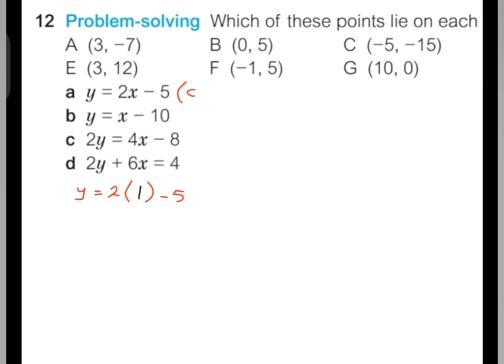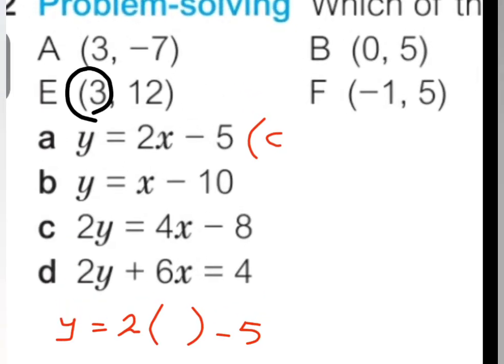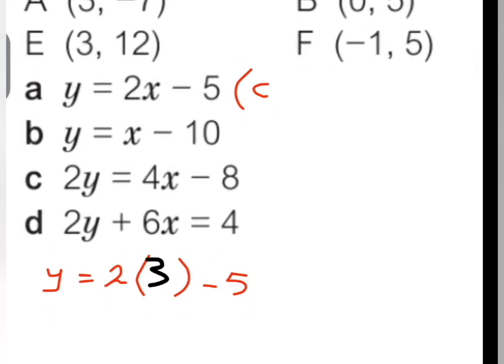Let's move on to point E. x is 3. We take 3, put it here, and we find the answer. If the answer is 12, it means the point is on the line. Let's check. 2 times 3 is 6. 6 minus 5 equals 1. So, is that 12? No, it's not. So it doesn't fit. So the point is not on the line.